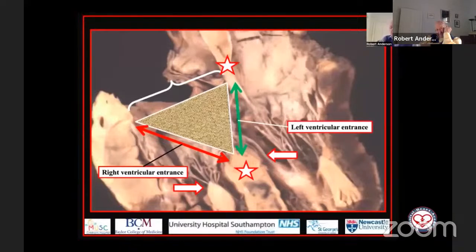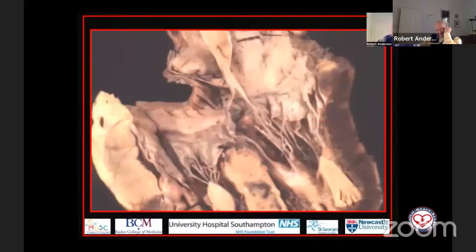to complete ventricular septation. And now we need to take into account the key feature of this specific malformation, malalignment between the atrial septum and ventricular septum, and that is the location of the atrioventricular conduction axis.